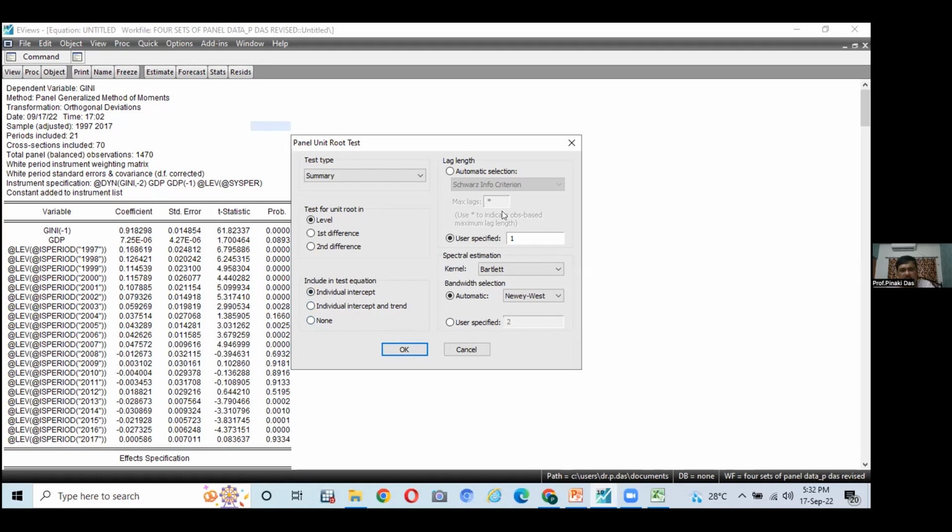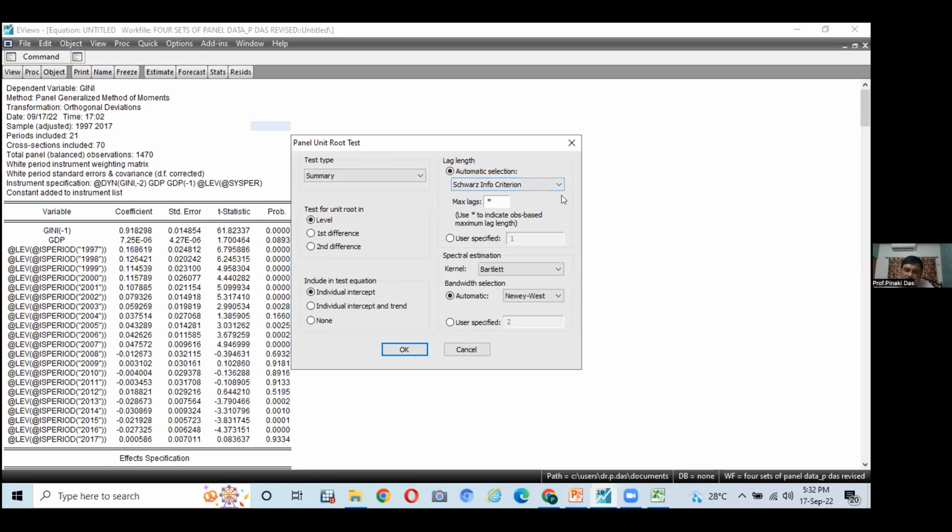The 4th step is the selection of the lag length. That is the advantage of applying EViews in case of panel data analysis. In EViews software, it automatically selects the lag length. There are so many criteria by which EViews automatically selects the lag length. Here, the fourth step is to select automatic selection, and the method is by default the Schwarz info criterion.